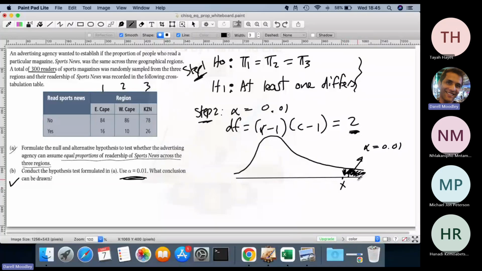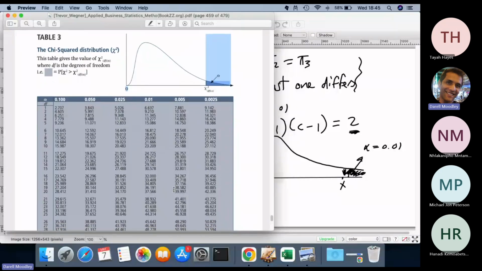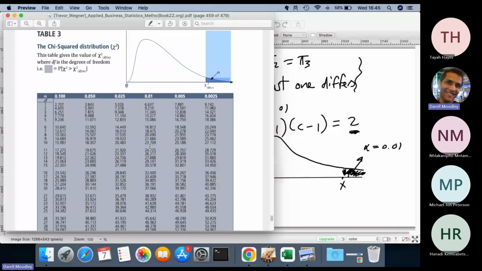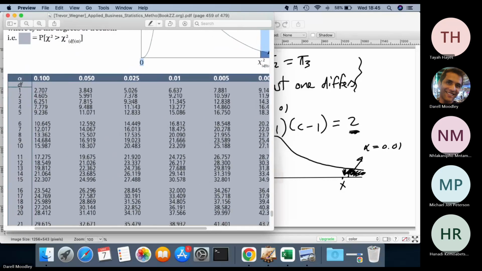Let me share the table with you, and you write it in the chat. So check what your alpha is. It's 0.01, and your degrees of freedom is 2. So what is the critical value? Can you write it in the chat? I'll give you 30 seconds, because all you're going to do is match the column with the row. So match the alpha with the degrees of freedom, and tell me where they intersect. Make it a bit bigger if you need to.